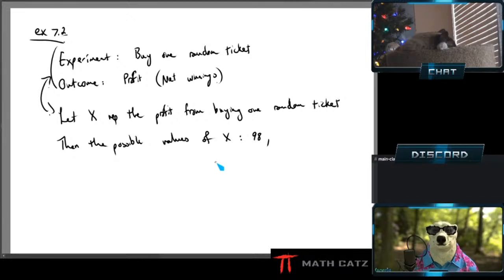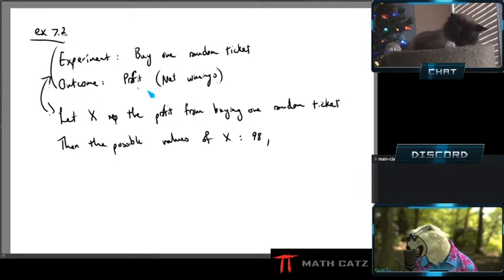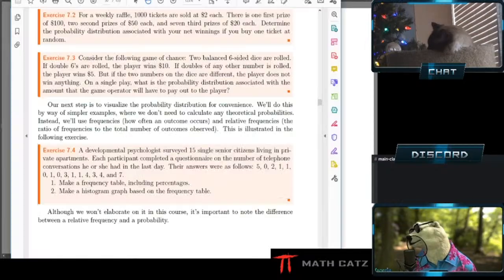Many times, people want to write 100, and it's because we just need to take the time and understand what an outcome is in this case, what the random variable represents in this case. It is the profit. So you cannot say 100. That is a different random variable, not the one they want. So it's 98, and that represents winning first prize.